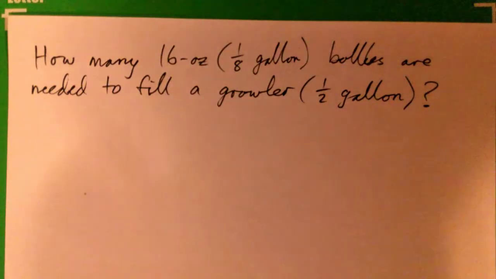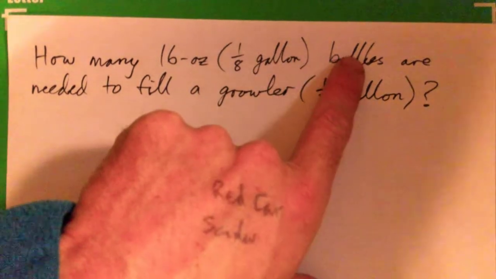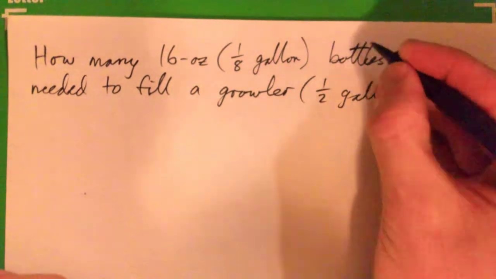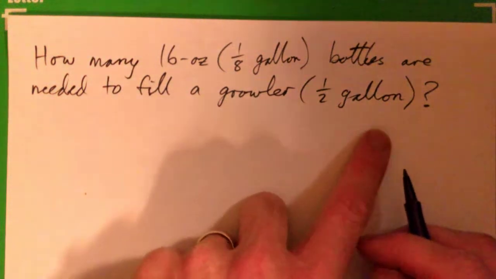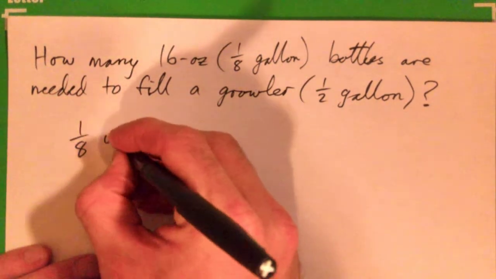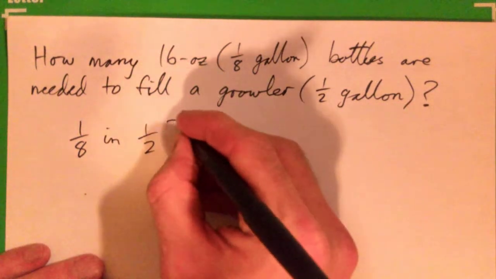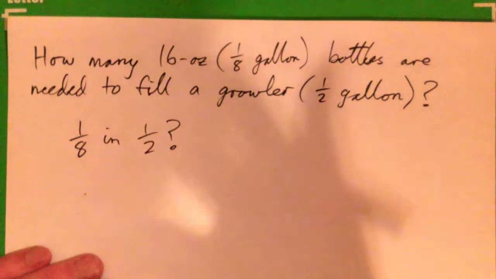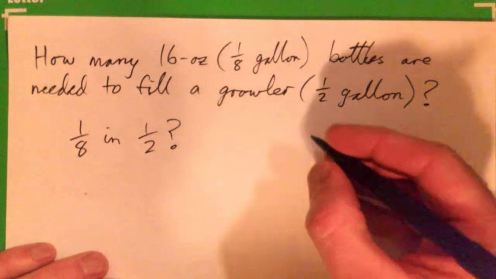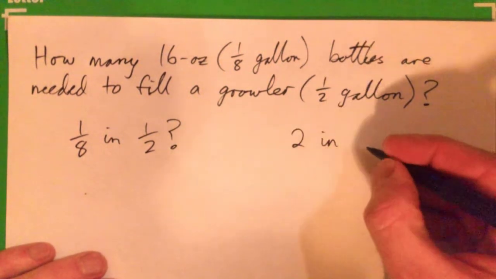So we're asking how many 1/8 gallon bottles are needed to fill a growler, a half gallon. So how many 8s are contained in 1/2 is really what we're asking. How many 8s in a half, right? And again, that's like saying, well, how many 2s are contained in 10?